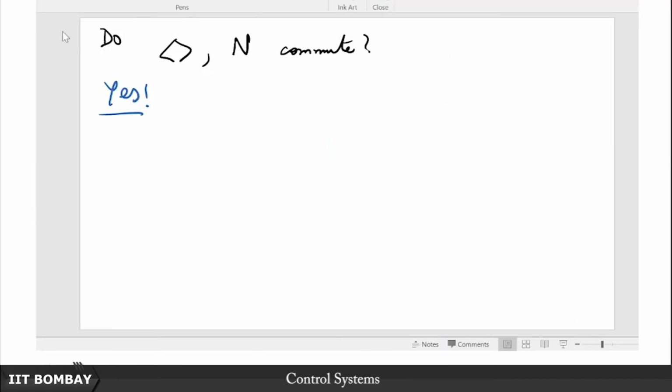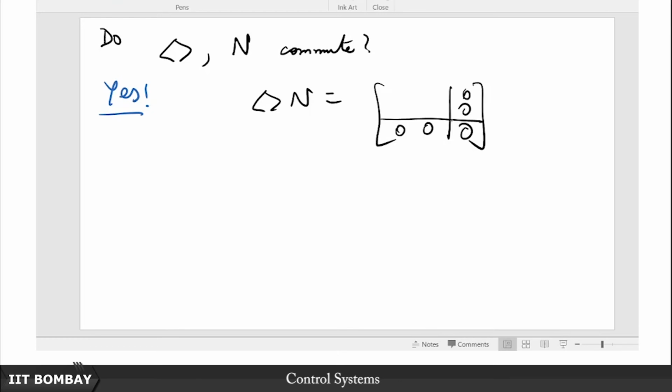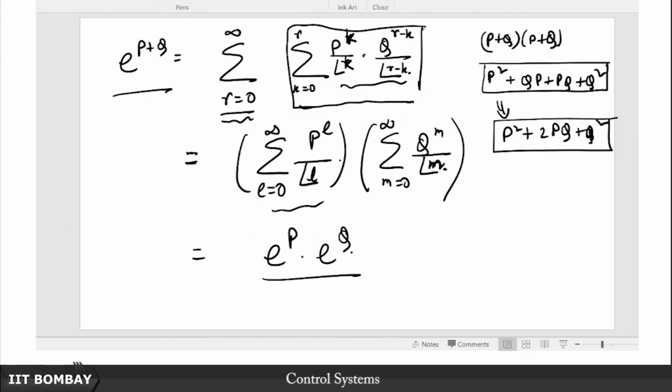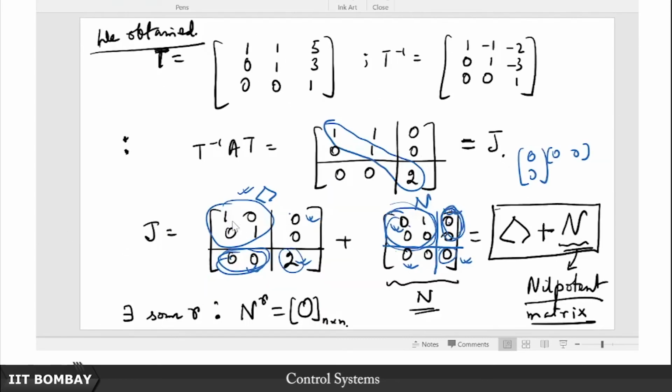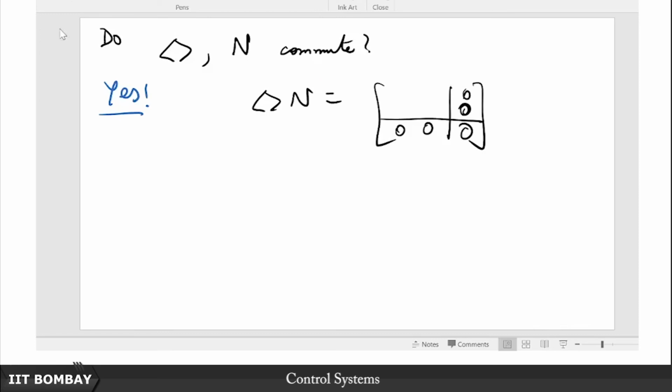So you take, for example, in this case, this times N. You will see that if you partition it conformally, these will be zeros quite trivially. The only thing that remains is, in this case lambda is 1, so it is 1 times identity times N, so it is just going to be this N. So lambda times N, where this is in general lambda 1 times I and lambda 2 times I like this.